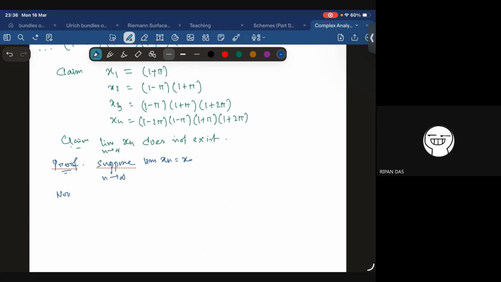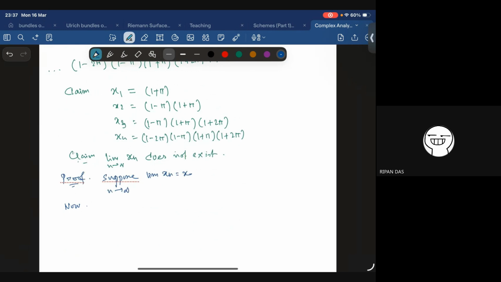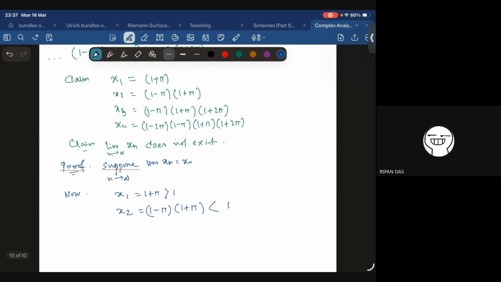Now, x1 is equal to 1 plus pi, which is greater than 1. x2 is 1 minus pi times 1 plus pi, which is strictly less than minus 1. Right, Shubrita? 1 plus pi is greater than 1, and 1 minus pi is a negative quantity.